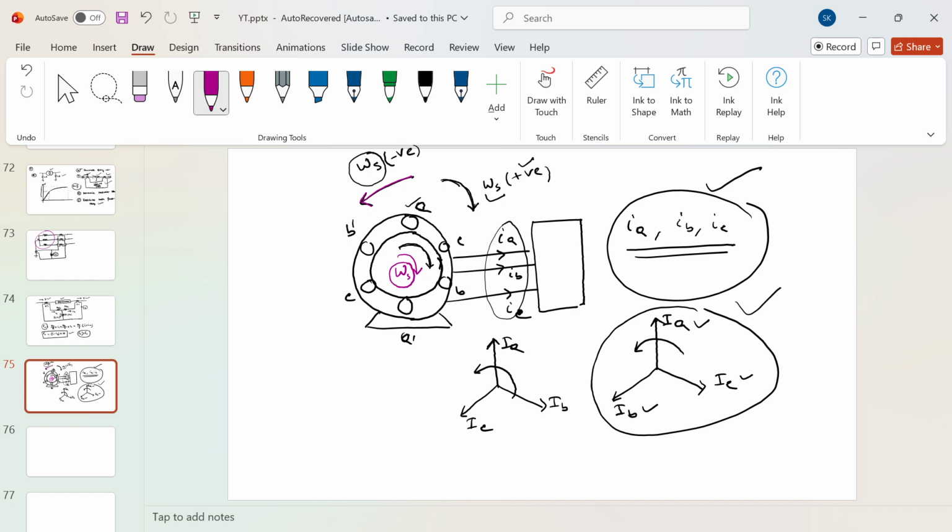The relative motion between the rotor and the negative sequence rotating magnetic field will be 2 omega s. So the frequency of the voltage that gets induced in the rotor circuit will be twice the supply frequency.